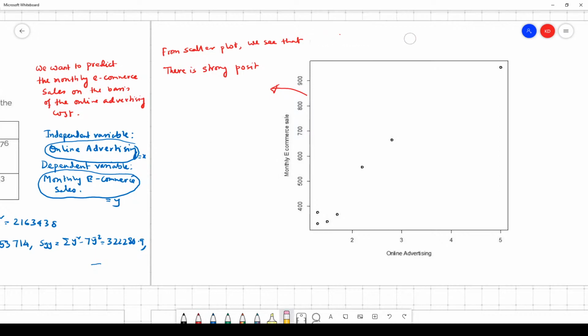Since all the points look like a straight line, the pattern of the points or graph looks like a straight line.